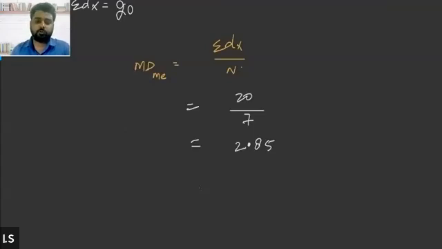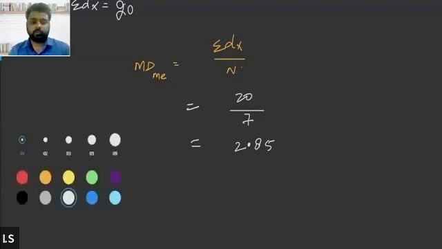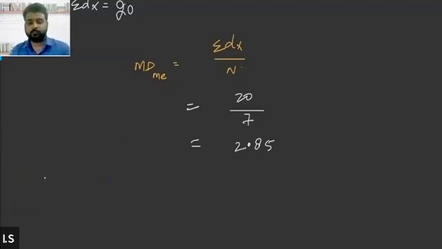The question also asks you to calculate the mean deviation and the coefficient of mean deviation, right? Suppose the question asks you to calculate the coefficient of mean deviation, what do we do?